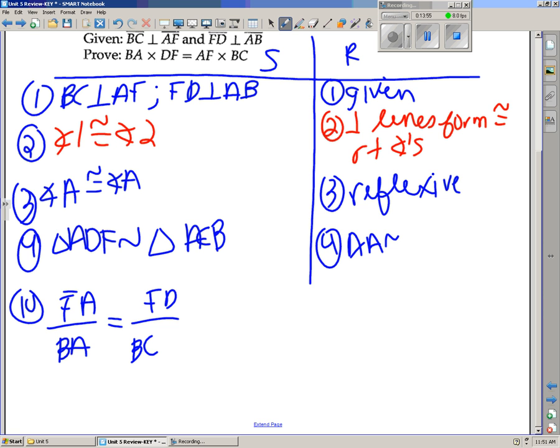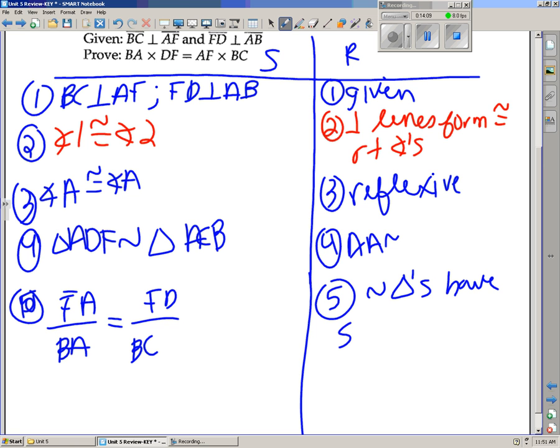No particular reason, but I'm matching up those pieces. And I don't know why that says 10. This should be 5. And then the reason is similar triangles have sides in proportion. You can use a different wording than me. It's not a big deal.